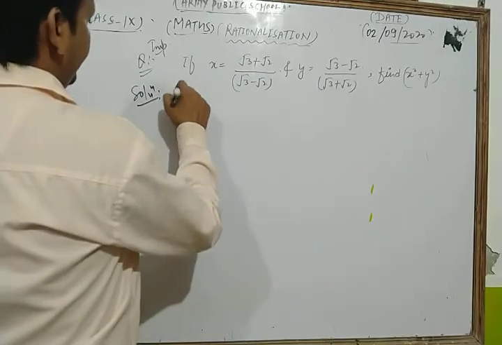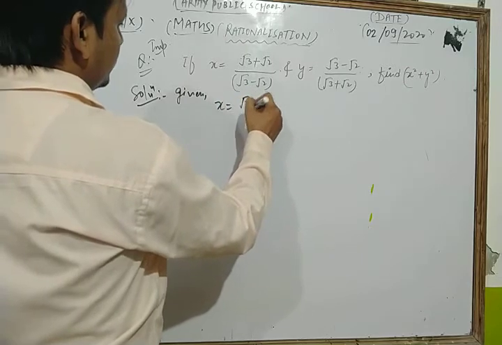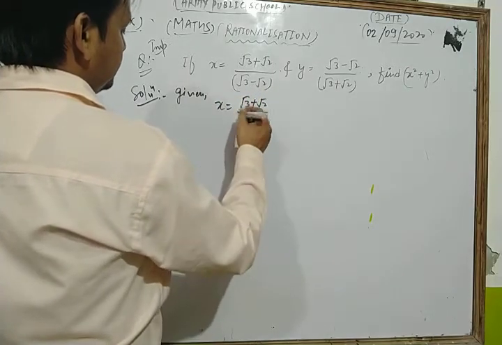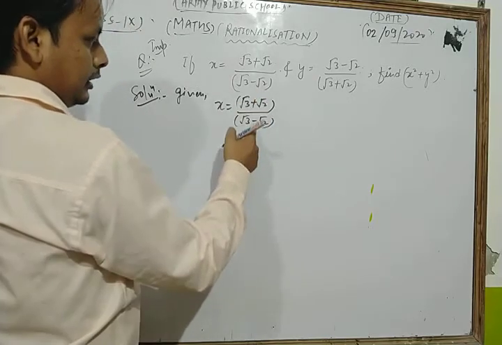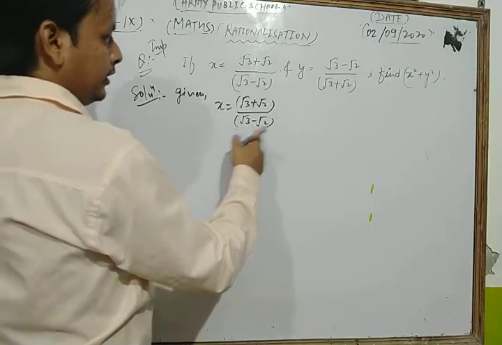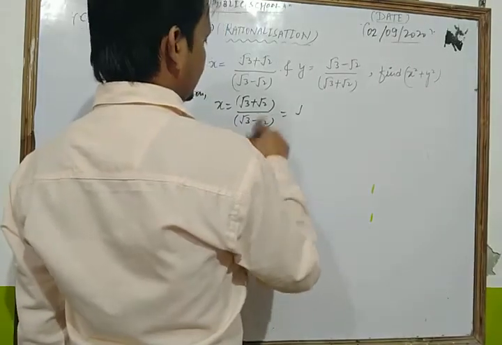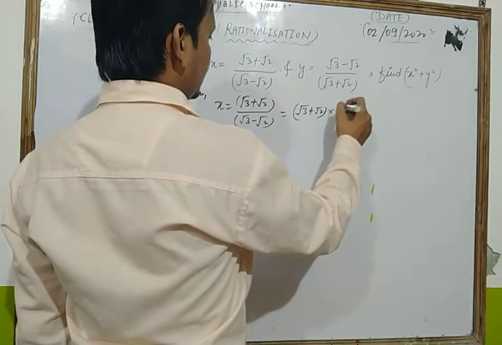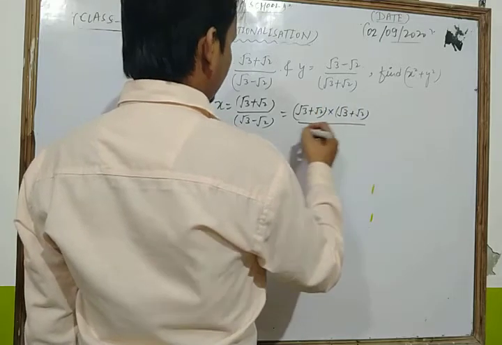Here the given value of x is what? Now after rationalizing, we get what? We must multiply by the conjugate of the denominator, which means we multiply both the numerator and denominator by root 3 plus root 2, same as in the denominator.